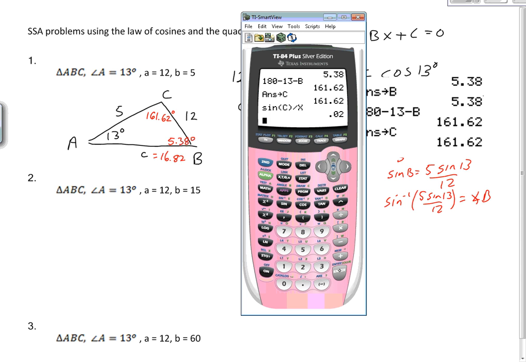I got that. And I should be able to do the sine of B divided by 5, which is the same thing. And the sine of A, which is 13, that's not stored anyplace, but it's just 13, divided by 12, which is also not stored anyplace, is 0.02. That tells me I did everything right. So that is a great check.